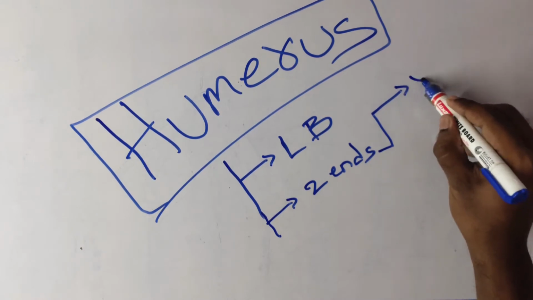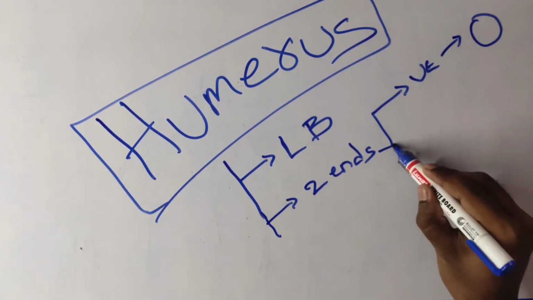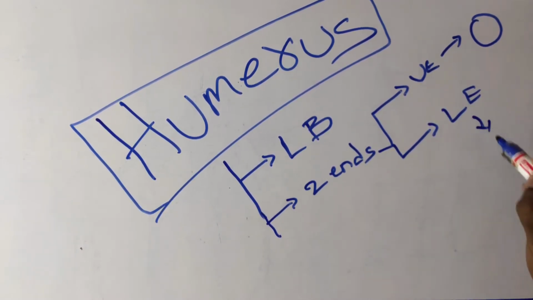Upper end is round, lower end is flattened like this. Two ends: upper end is round and lower end is flattened.